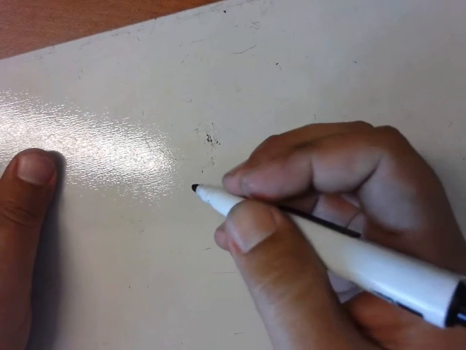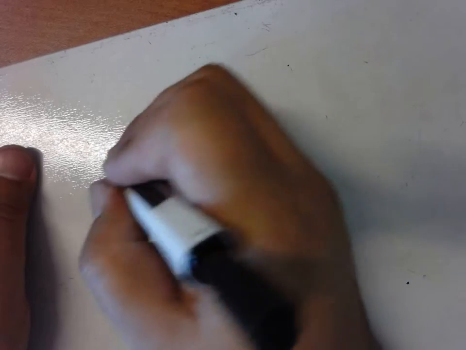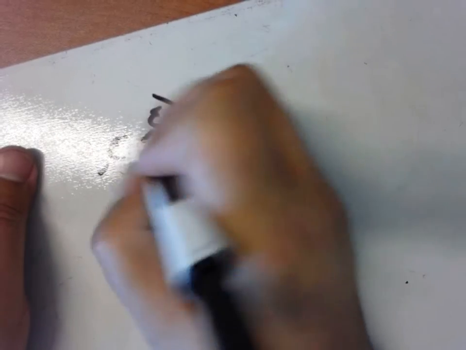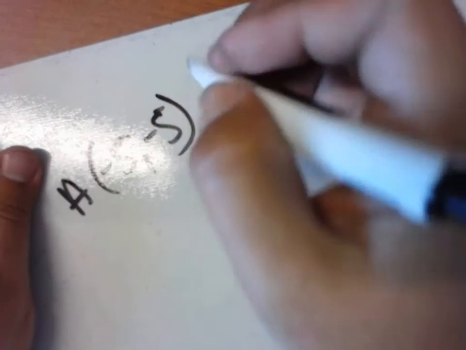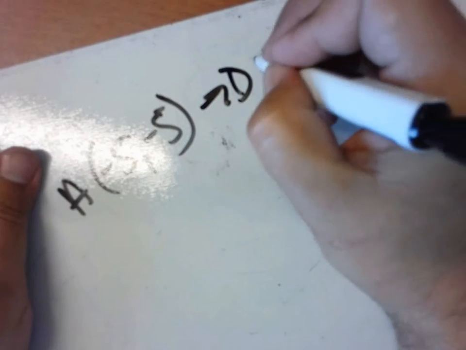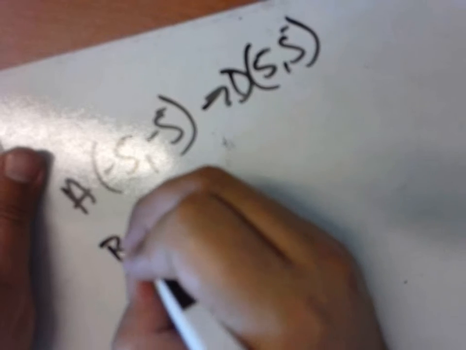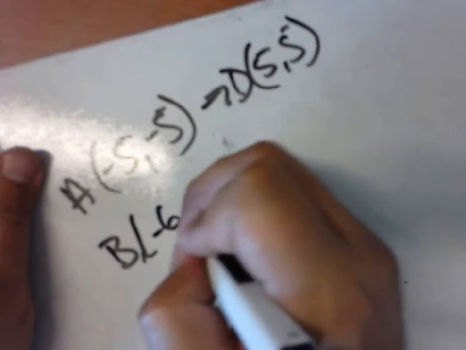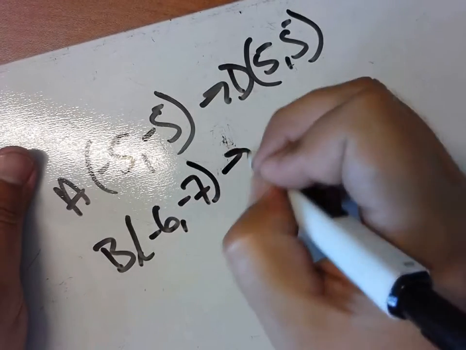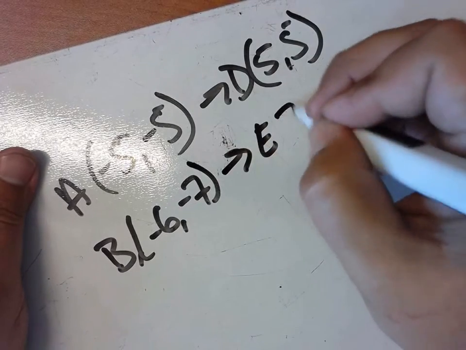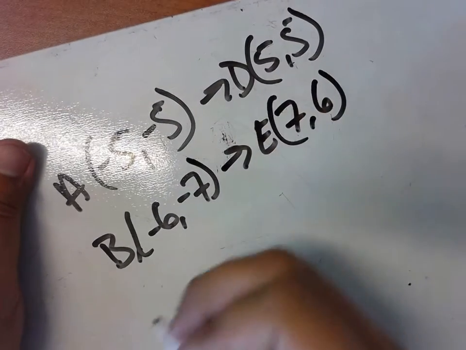This is a multi-select question, so now I have to try B. B, I just erased the wrong parts. A to D, B was what? -6, -7 to E, 7, 6.